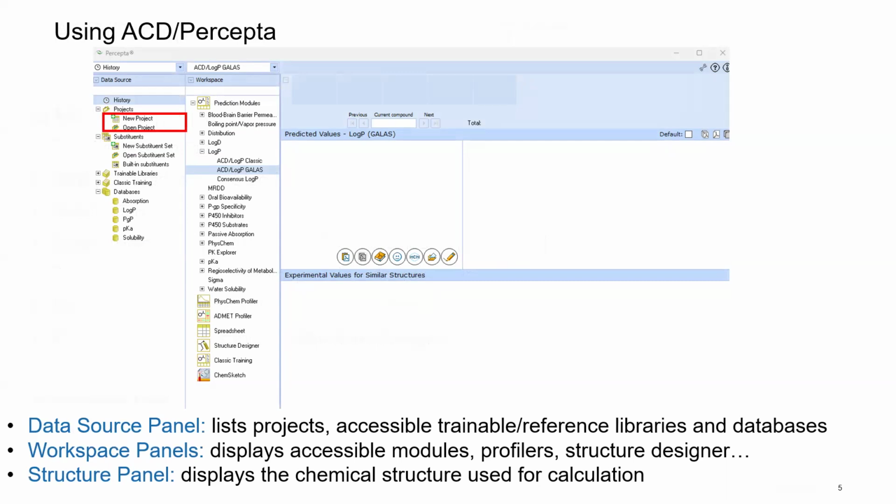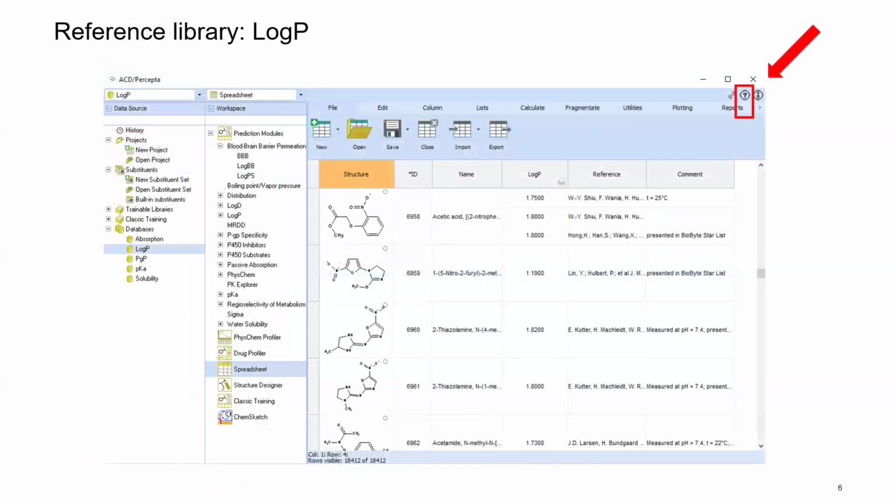And on the right side, you see the molecule when it's there, and also the results of the calculation. So, for example, if we look at the log-P prediction, it relies on a database, and if you open the database, it has more than 18,000 entries.